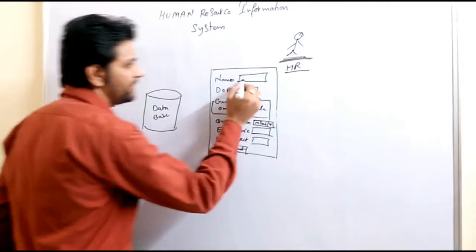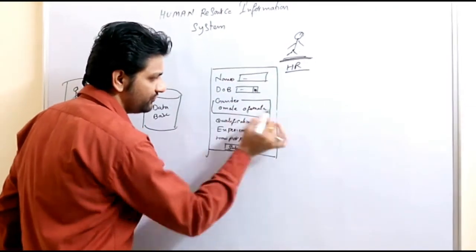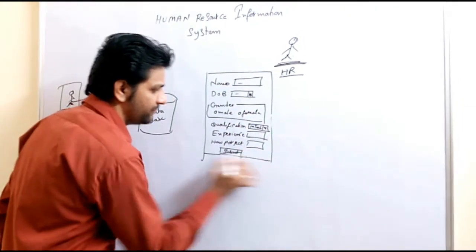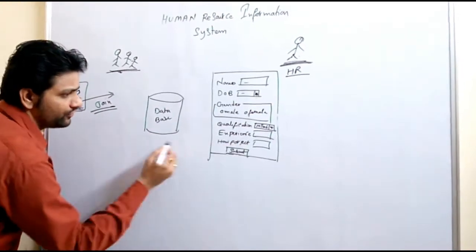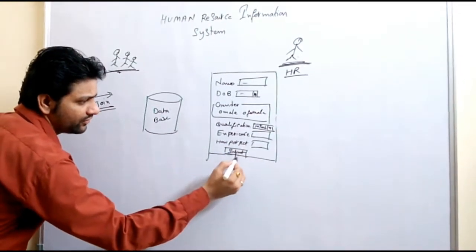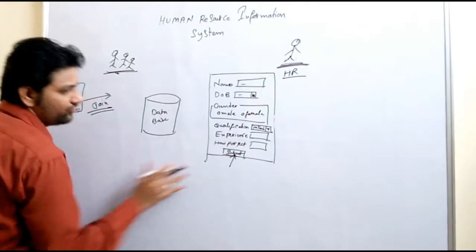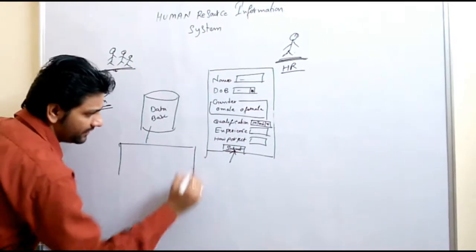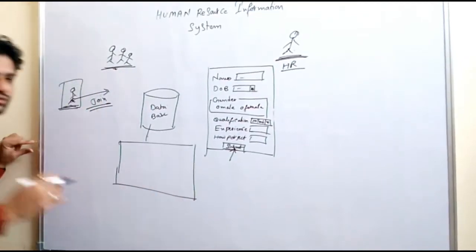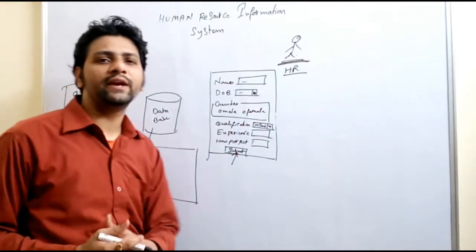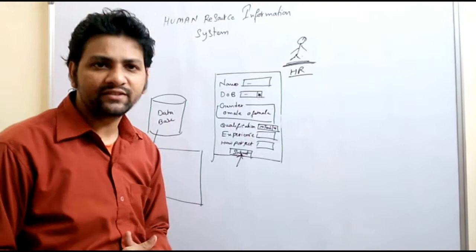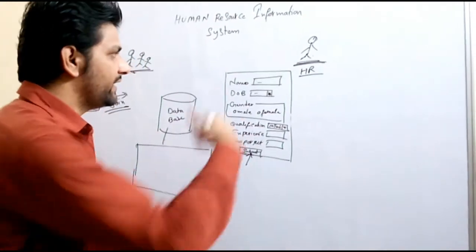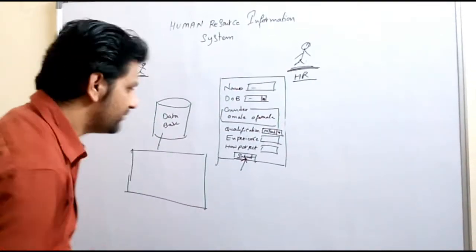So whenever he enters the name, date of birth, gender, qualification, experience and number of projects and clicks on the submit button, it is stored in the database. How do we store the details? We are going to create a table in MS Access. I will show you how to create a table in MS Access generally.